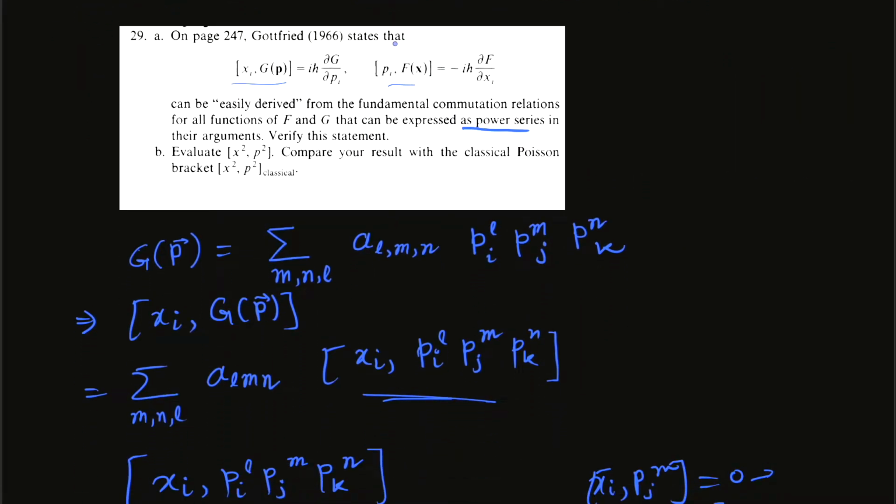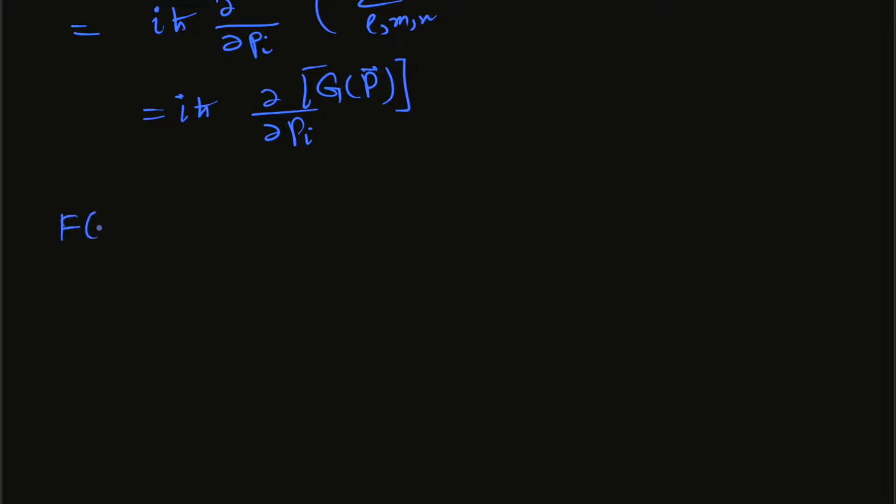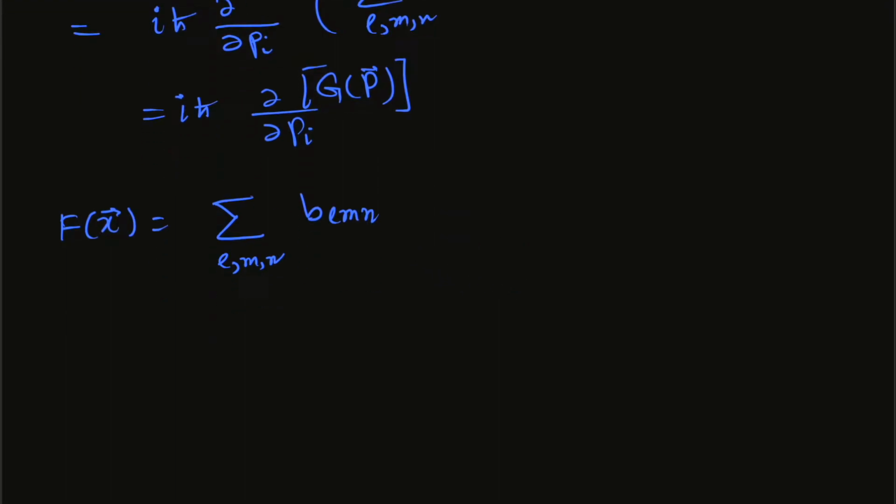Now let us prove the second part, that means [p_i, f(x)] = -iħ ∂f/∂x_i. To do so, first assume that f(x) can be written as the sum over l, m, n of b_lmn x_i^l x_j^m x_k^n.